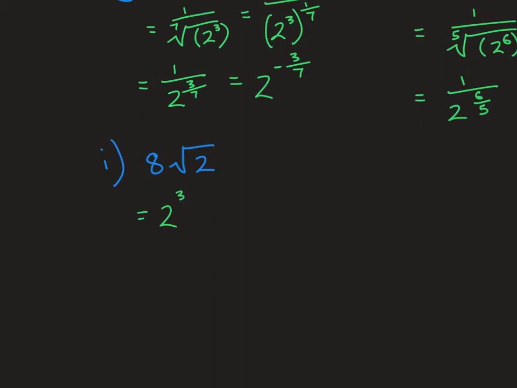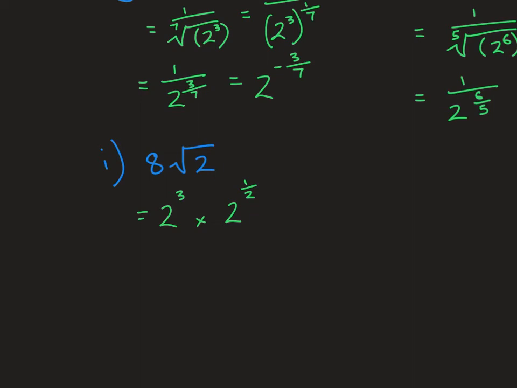Now the square root of 2 we know is equal to 2 to the power of a half. So if we convert both of these numbers into index form with a base number of 2, we can now use our other index laws to simplify this even further.